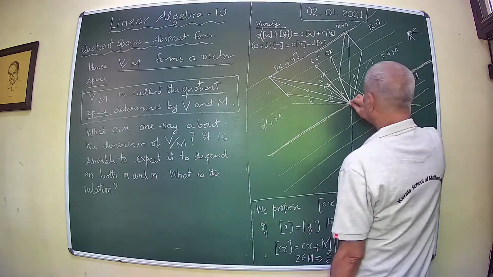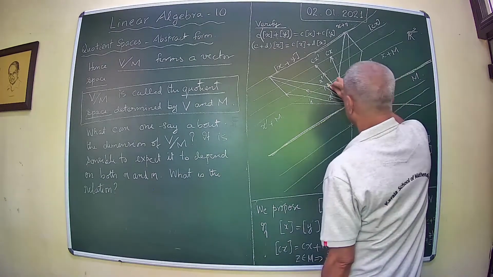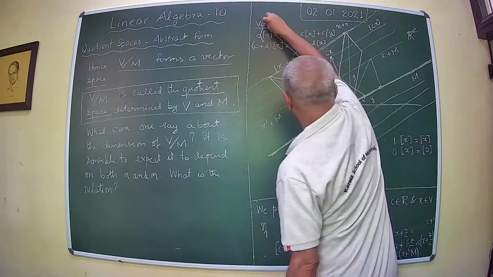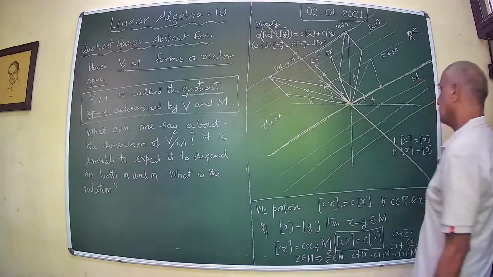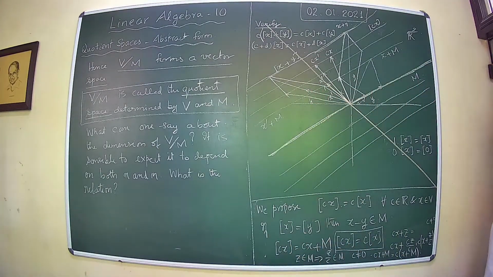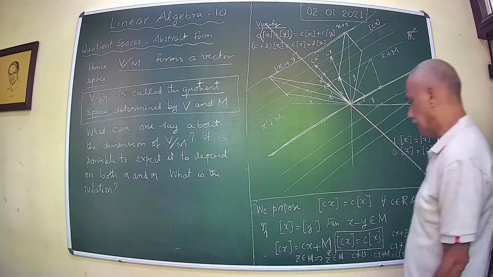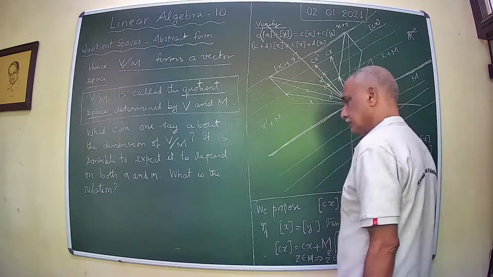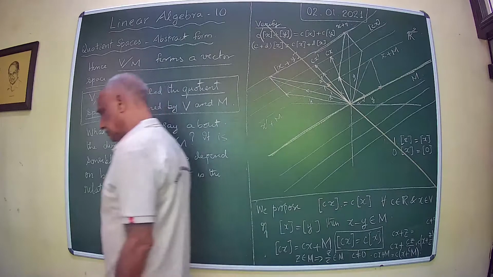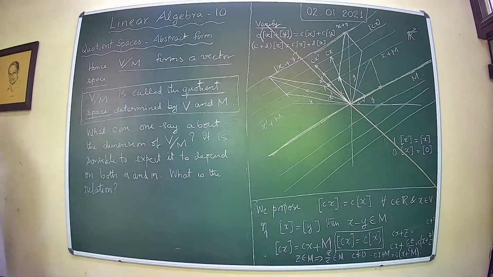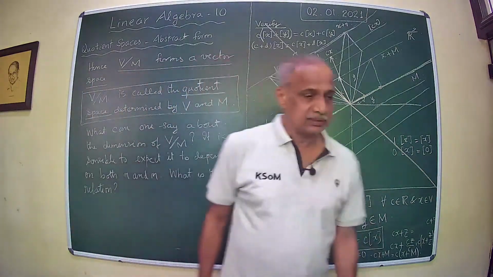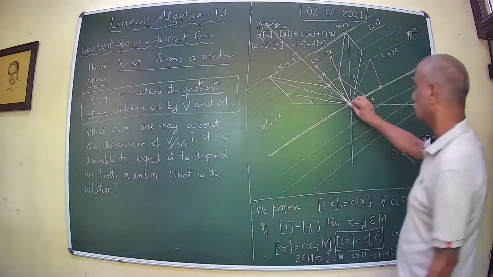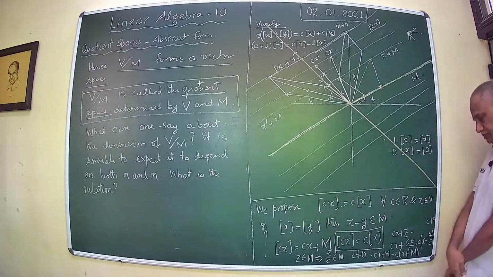Now you look at the collection Cx, or the line generated by the vector X. Sorry, the line generated by the vector that I have chosen.